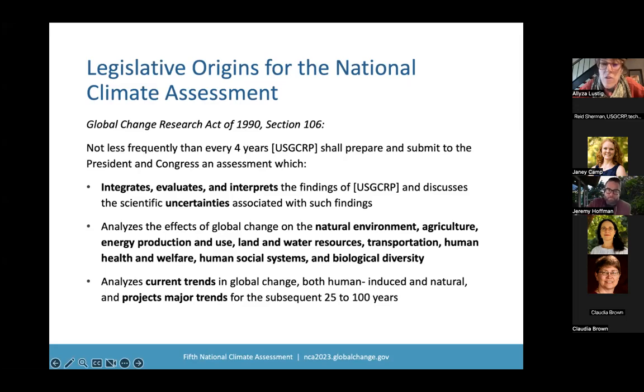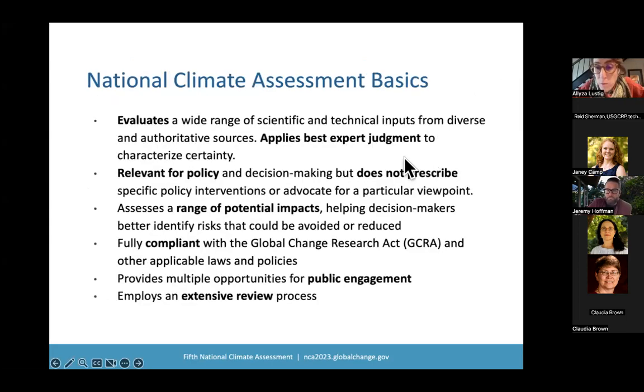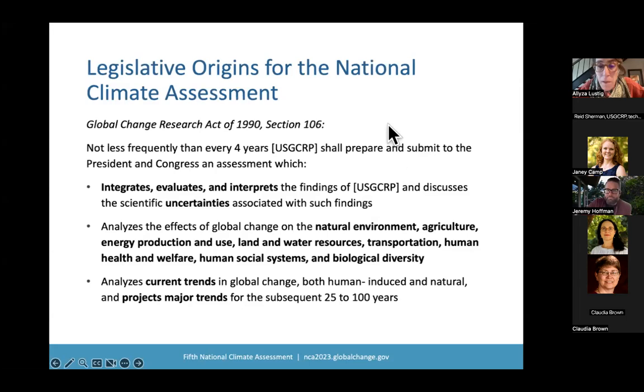USGCRP is charged with assessing current trends as well as projections for the next 25 to 100 years. And the report is used by a broad range of stakeholders, including organizations and individuals, for national policymaking, risk management in the private sector, local mitigation, adaptation planning, as well as by practitioners, utility managers, and educators.